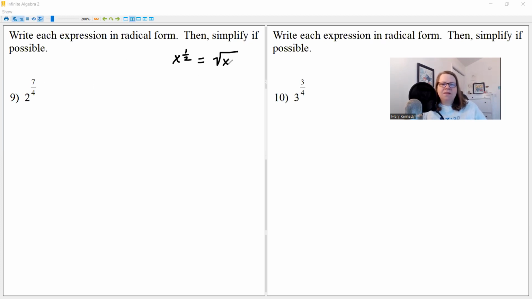Well, this x, if I had to put an exponent on it, it would have to be 1, because if something doesn't show an exponent, it's just understood to be 1, right? So the 1 must be what goes here. The top number goes here with the variable or the number or whatever. And that bottom number is the number out in front.